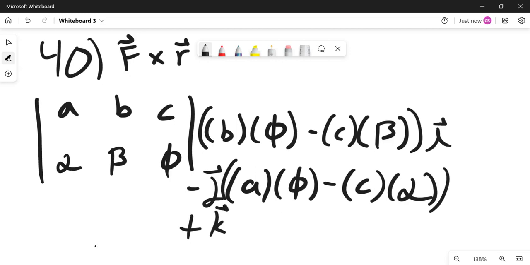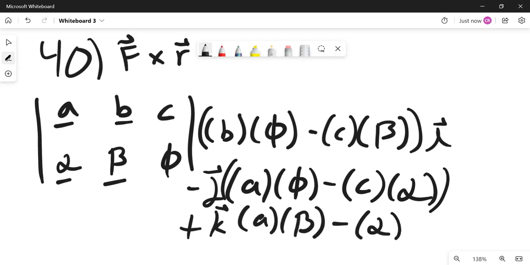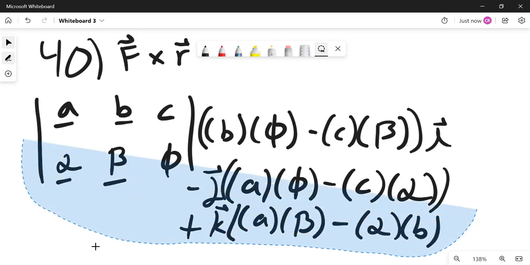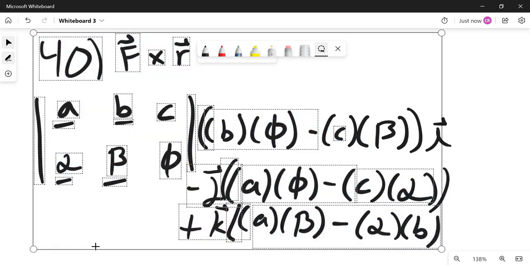In this, we just do A times beta minus B times alpha. Beta, my bad. So that's how you solve torque using a cross product. And then we add all those torques together.